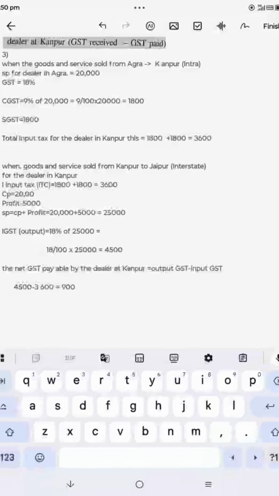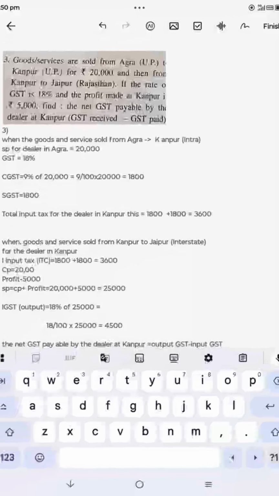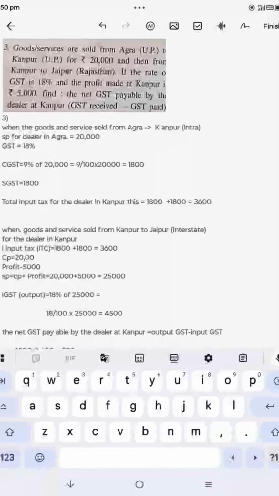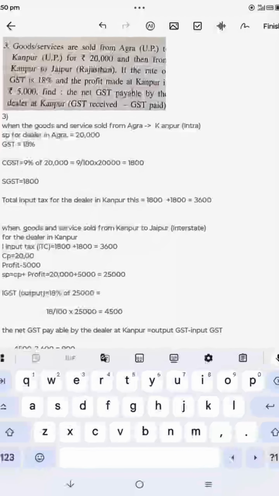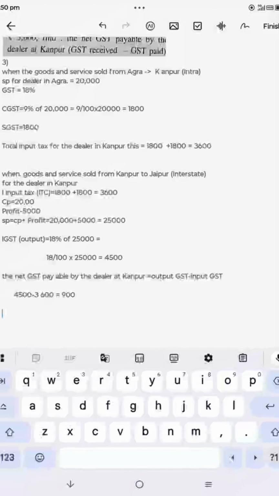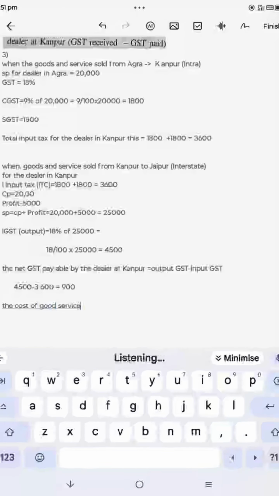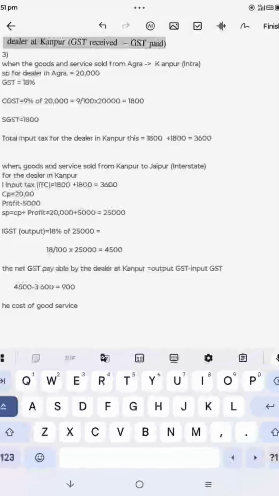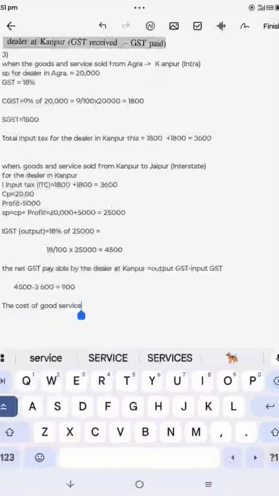Next, the cost of the good service at Jaipur. सेकेंड हमसे ये भी पूछ रहा है द कॉस्ट ऑफ गुड सर्विस एट जयपुर.